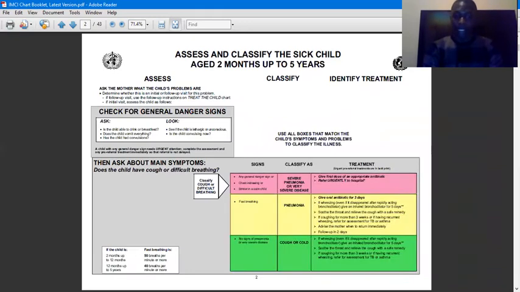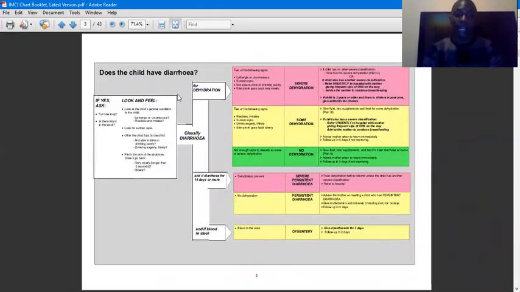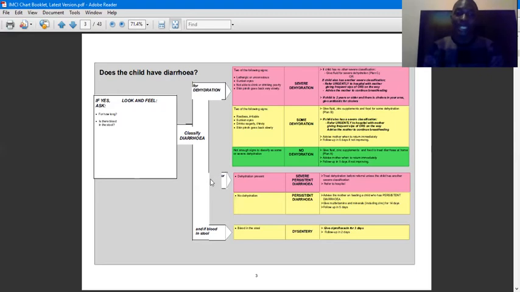Okay, we can go to the next one, which says diarrhea. The other symptom that has been stated in IMCI is diarrhea. According to IMCI, when a child presents with diarrhea, it may lead you to dehydration, or if the diarrhea is present for more than 14 days, it may lead you to persistent diarrhea itself.